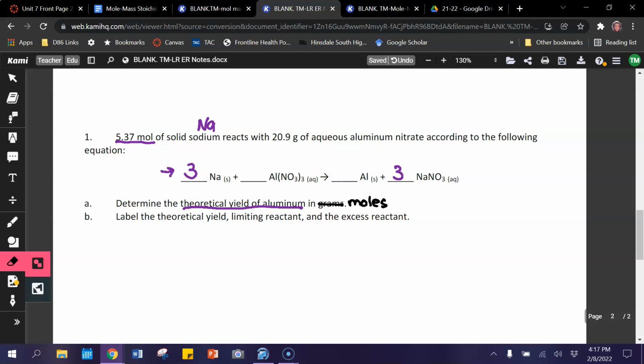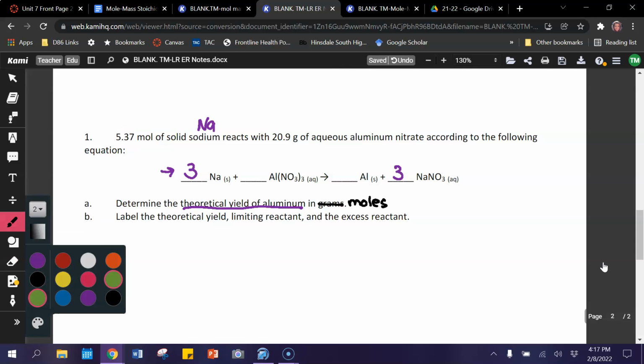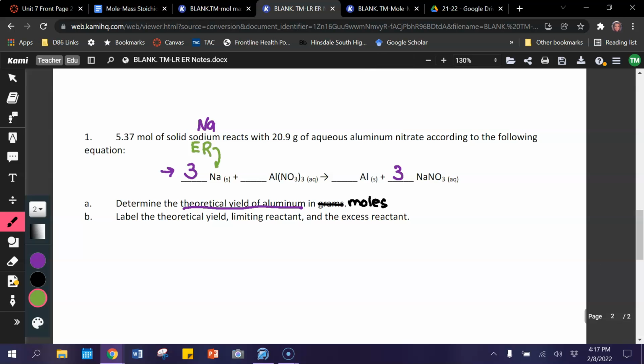So in this case, it's pretty simple. We are going to call sodium our excess reactant. And so there, I did the very first part of part B where it says label the excess reactant. Okay, we did that. Now let's take a look at our aluminum nitrate.